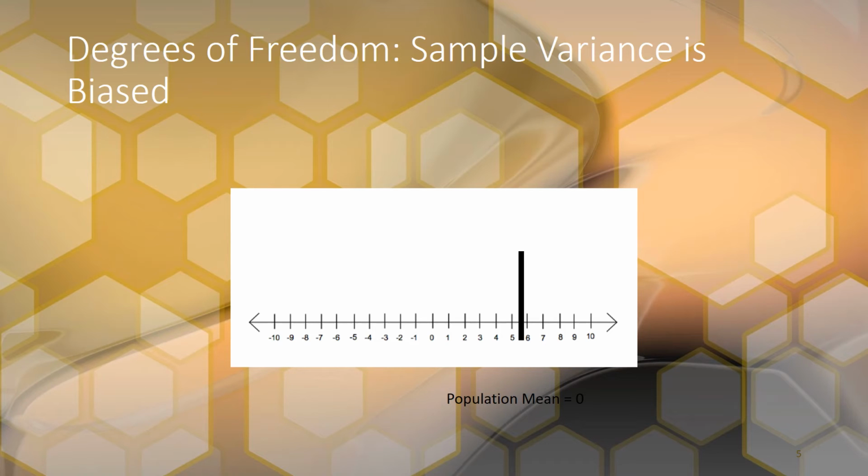So there's a uniform distribution here. I don't have it shown here, but just know that in the population all these numbers are equally likely to occur. So the population mean will equal 0 because it's right in the middle. So we have this black line that represents the population mean of 0.